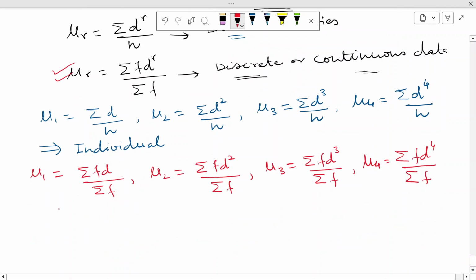Okay, so this is the case when you are having discrete or continuous data.